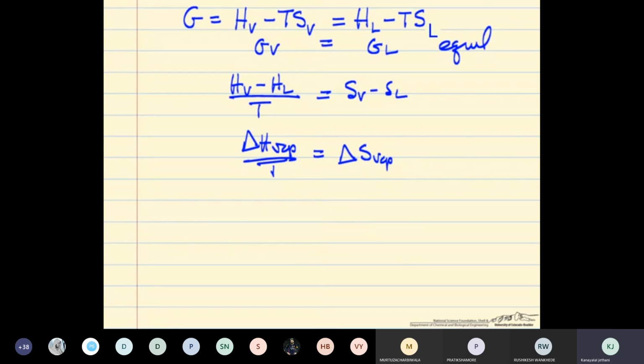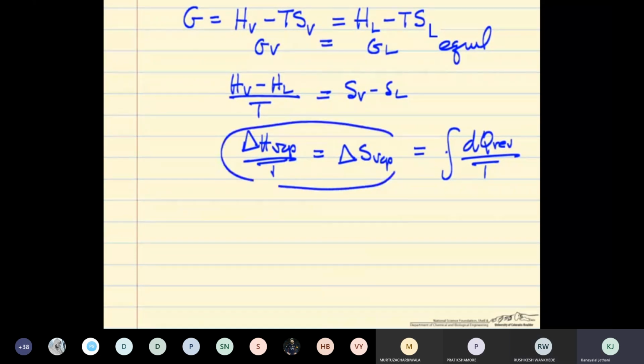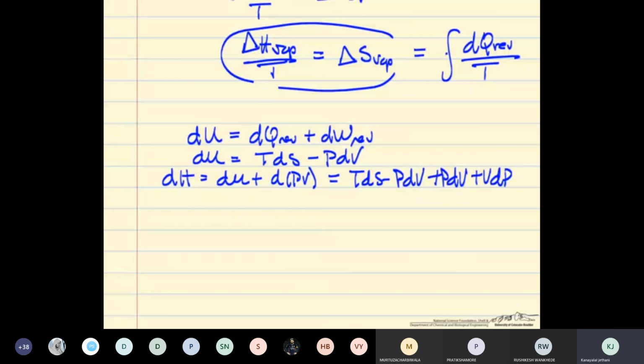This is how we originally derived entropy, where entropy change we defined as dq reversible over T, and for phase change, T is constant, Q is delta H when we carry out vaporization at constant pressure. And so this equation follows from our definition of entropy, shows that the Gibbs free energy is the same in both phases. So let's look at how we get fugacity from Gibbs free energy.